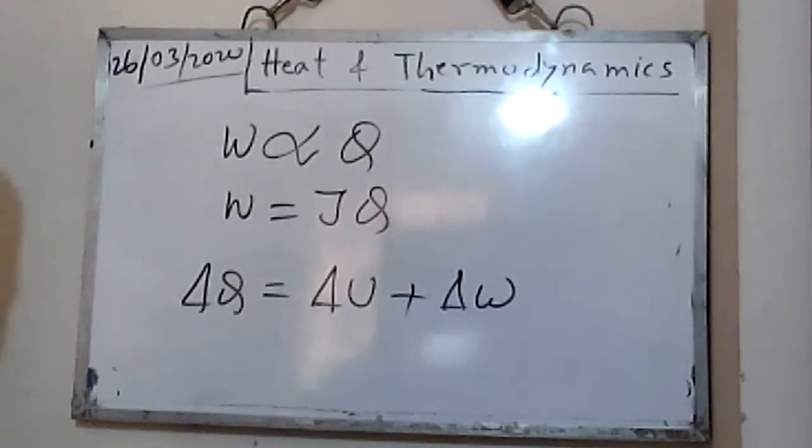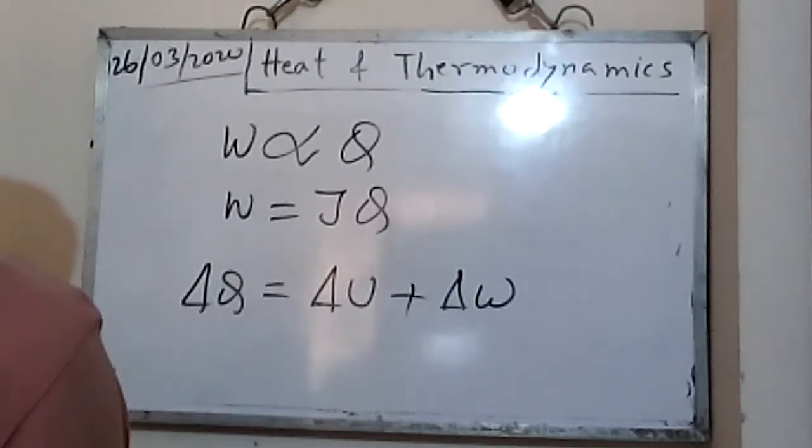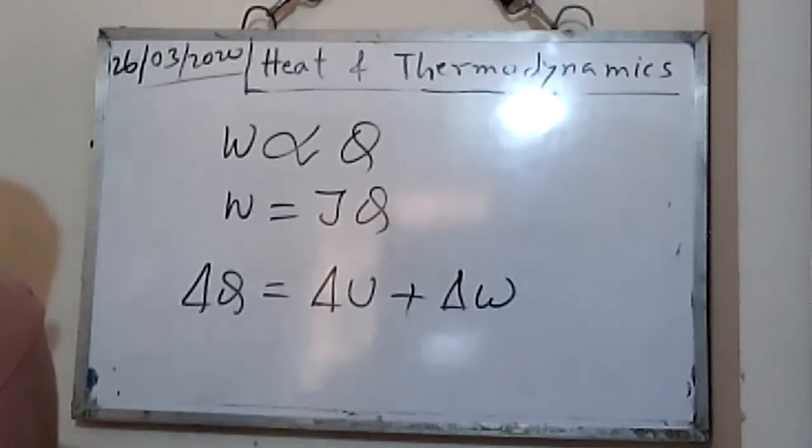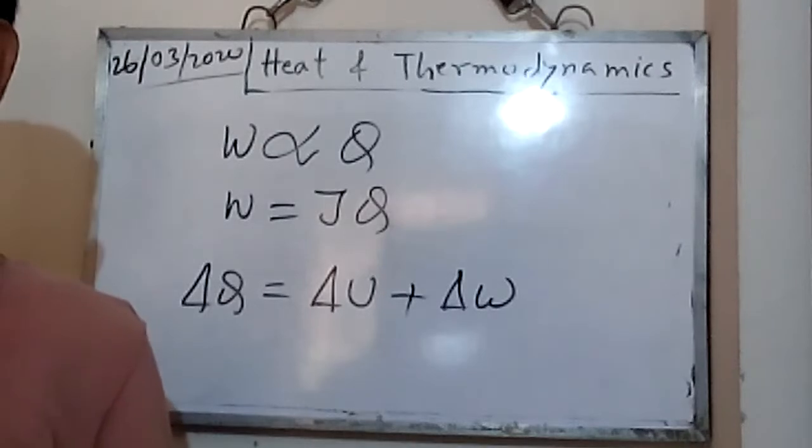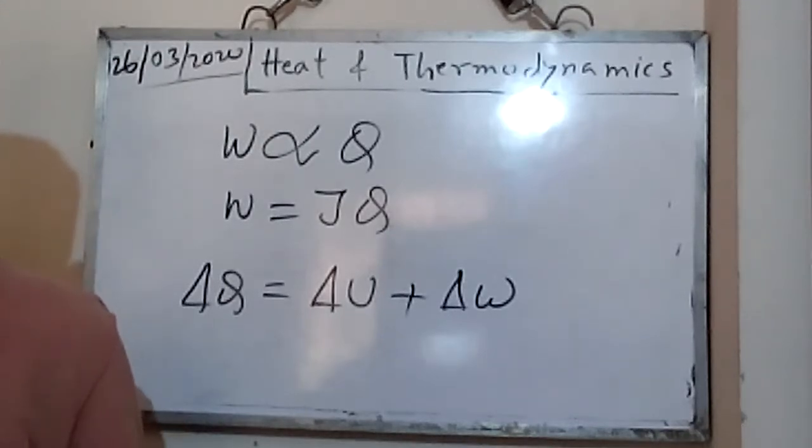The second law of thermodynamics. The Clausius statement of the second law of thermodynamics states that it is not possible to construct a device which operates in a cycle, and while operating, does not produce any effect other than transferring heat from a colder to a hotter body.